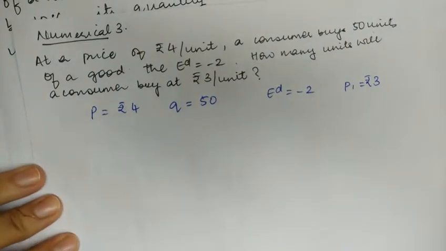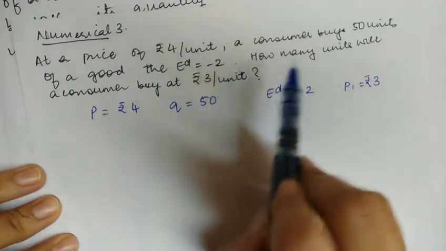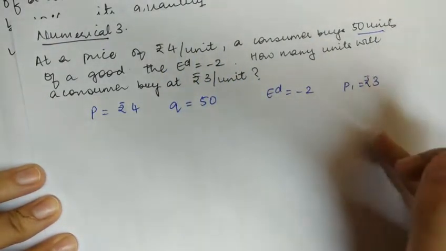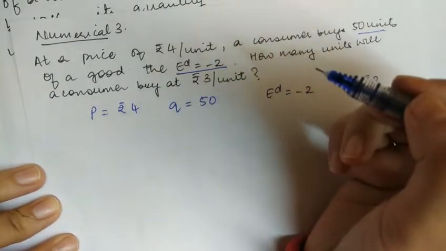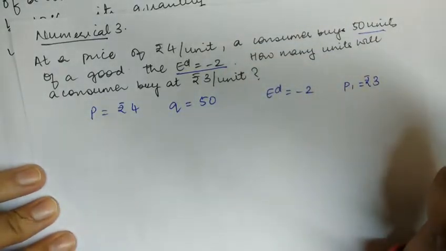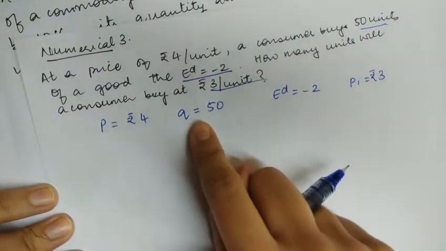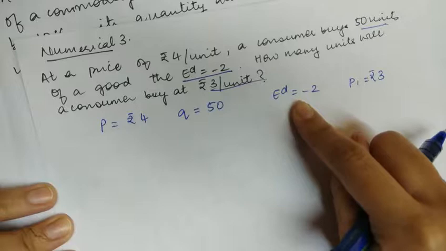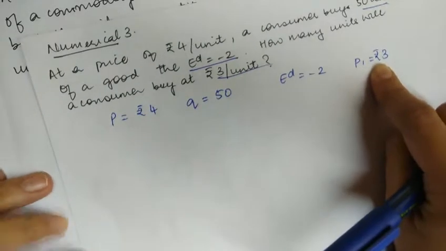Third, now at a price of 4 rupees per unit, a consumer buys 50 units. The price elasticity of demand is given to be minus 2. How many units will a consumer buy at a price of 3 per unit? Now we have the original price, original quantity, elasticity of demand at minus 2 and the new price.